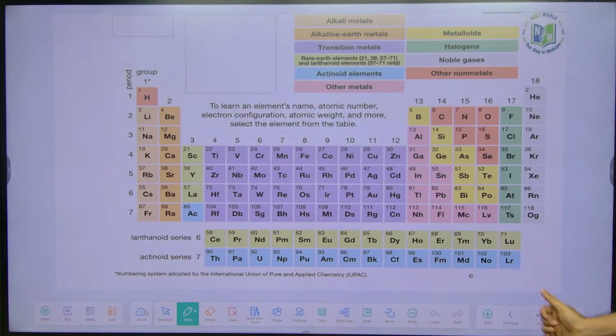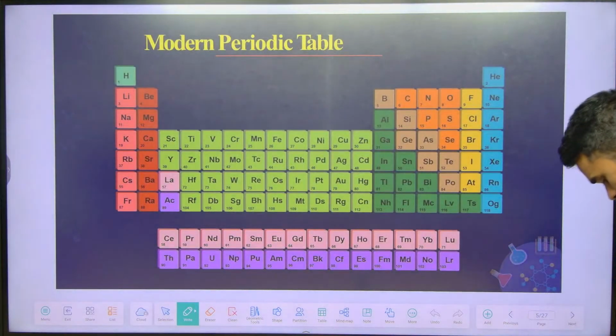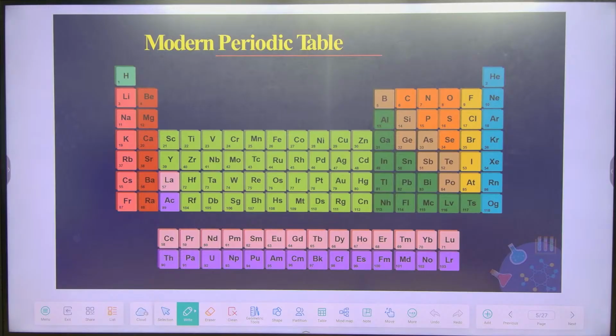So you can take any of these periodic tables.